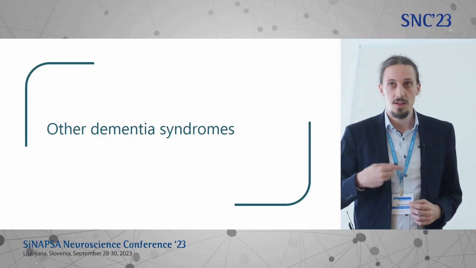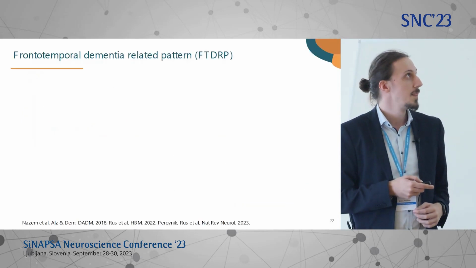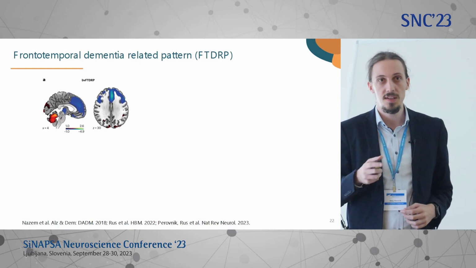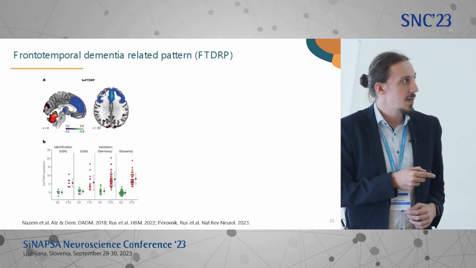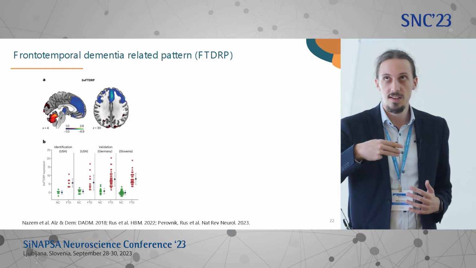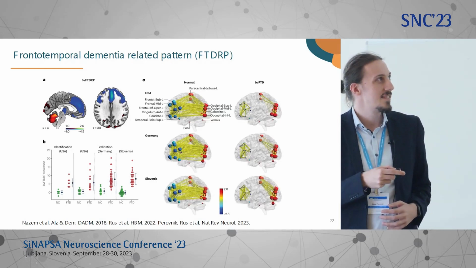So lastly, the methodology has also been applied to other dementia syndromes. As already shown, a frontotemporal dementia-related pattern has been identified in 2 different populations, and the pattern can be prospectively quantified. It works in different center data, and this has been shown.